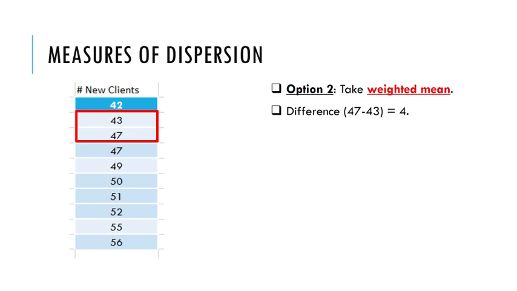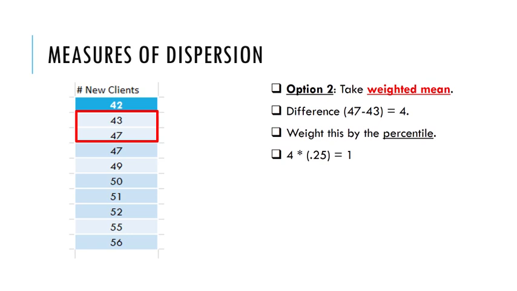How do we do this? We start by finding the difference. Okay, the difference between the third and the second observation, right? Because our number falls in between, right? So 47 minus 43 equals 4. We calculate our difference. Then we're going to weight by the percentile. Remember, we want the 25th percentile.